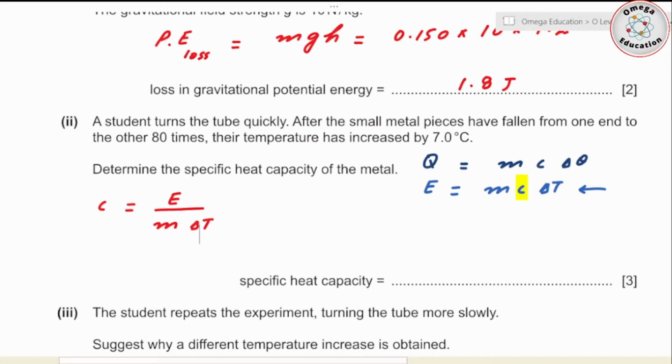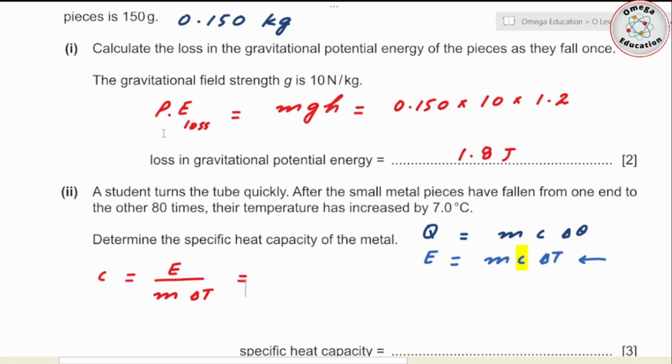So let's think about the energy. After the small metal pieces have fallen from one end to another 80 times, that means the loss in gravitational potential energy, which was 1.8, we have to multiply by 80.